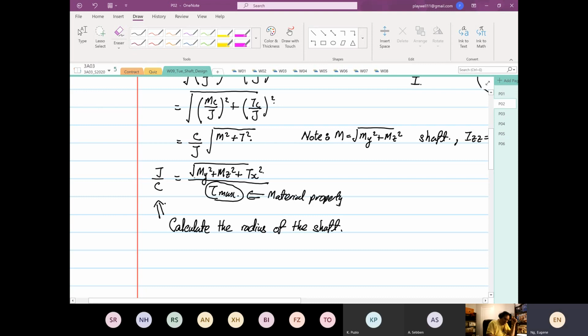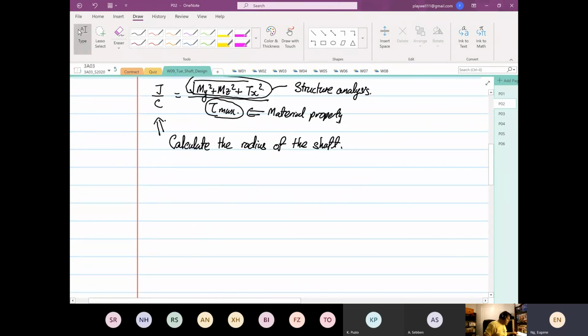All these other values come from your structural analysis. Then you can specify the shaft that you're going to size based on the loading. If that's the case, any questions, please?